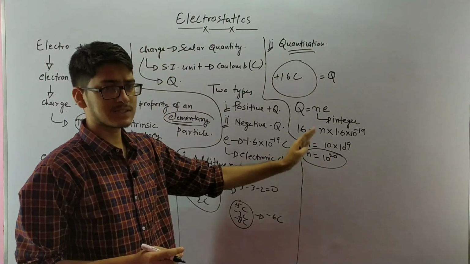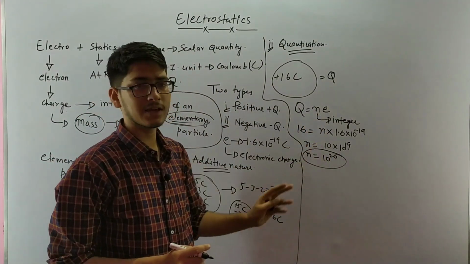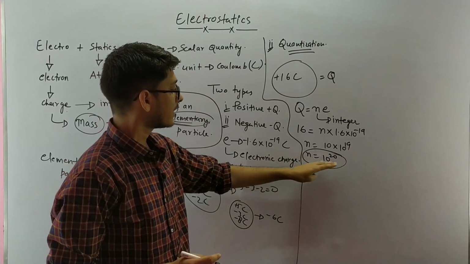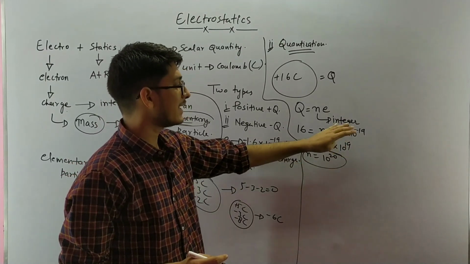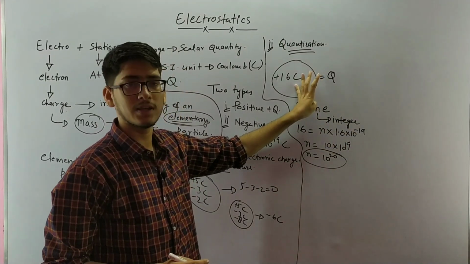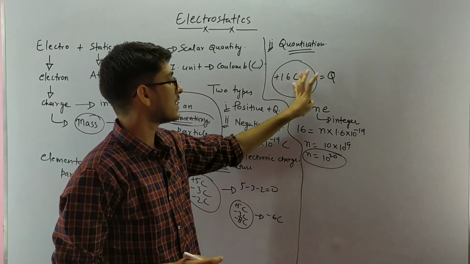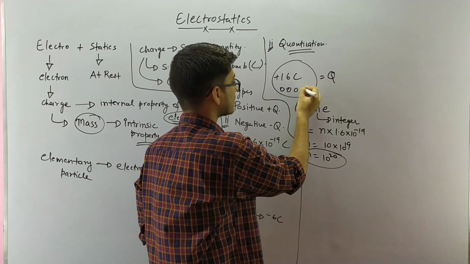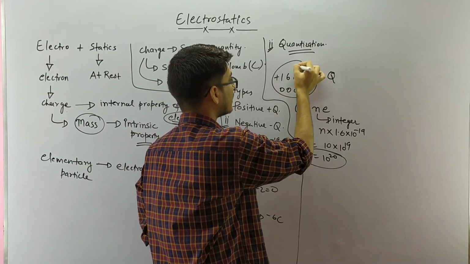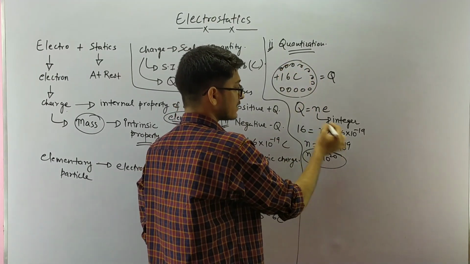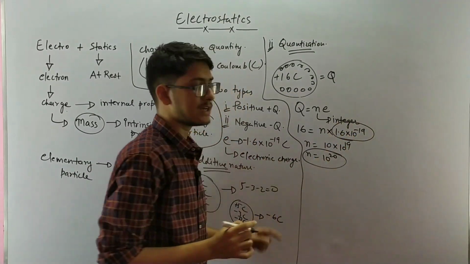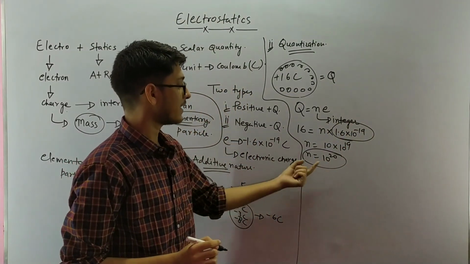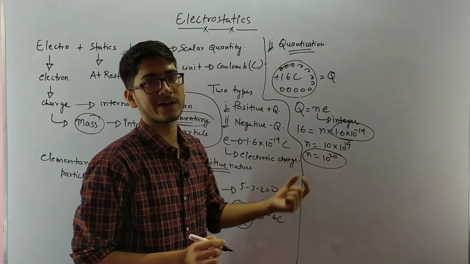From this mathematical discussion, we conclude that 10 to the power 20 electrons are present in this body. That is, charge inside this body is distributed in small packets, and each packet contains 1 electronic amount of charge, and there are 10 to the power 20 such packets.